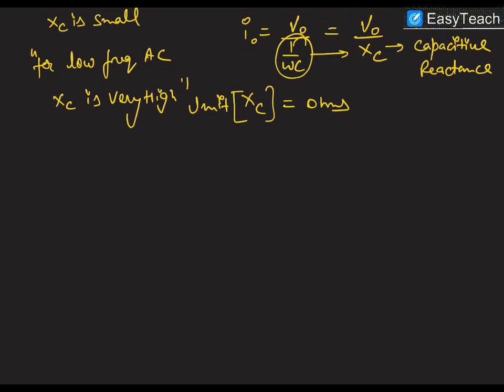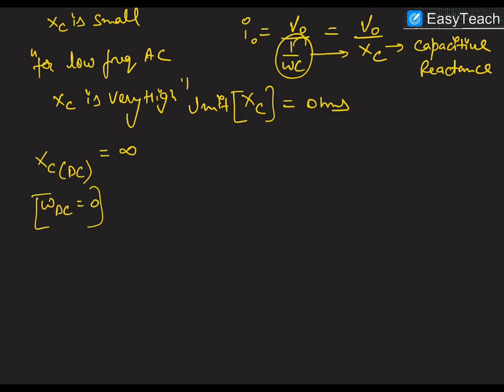Now, if we talk about Xc for DC, direct current, Xc for DC will be infinity, because omega for DC is zero, since DC current does not change its direction. Therefore, omega DC will be zero, and the capacitive reactance for DC current will be infinity.